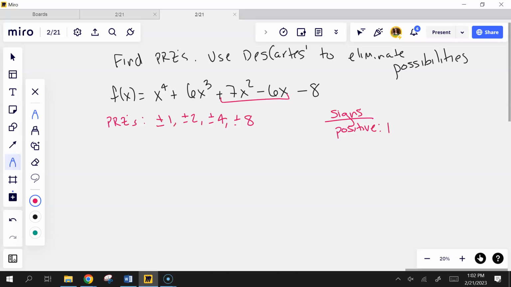And the more you do these, the quicker you get f of negative x, because you're just looking at the power on the x. So f of negative x is x to the fourth minus 6x cubed plus 7x squared plus 6x minus 8. 1, 2, 3. So negatives, I'm looking at 3 or 1.